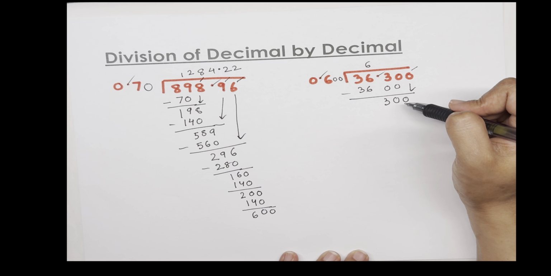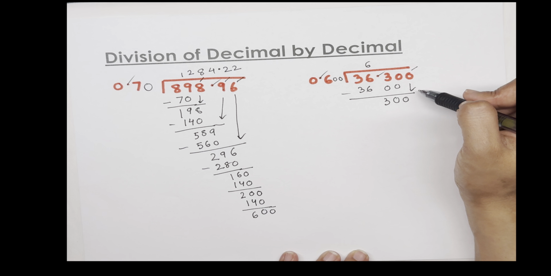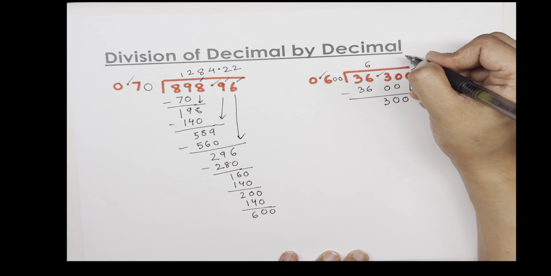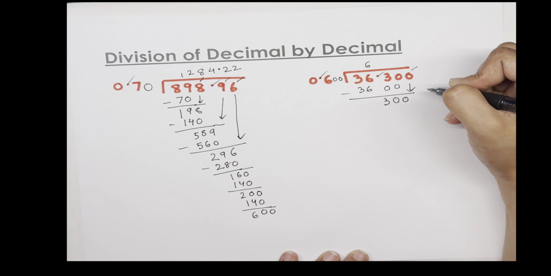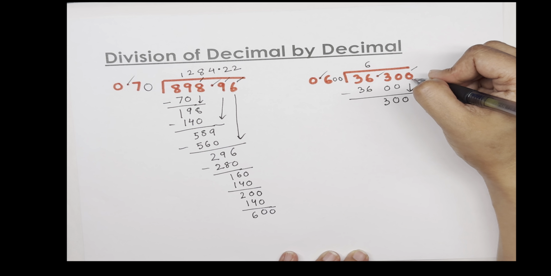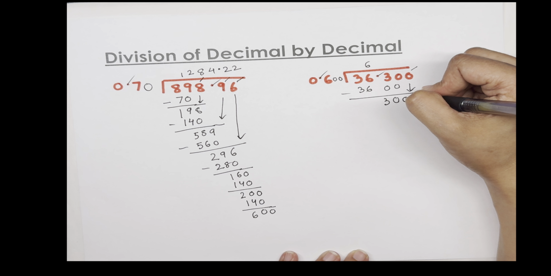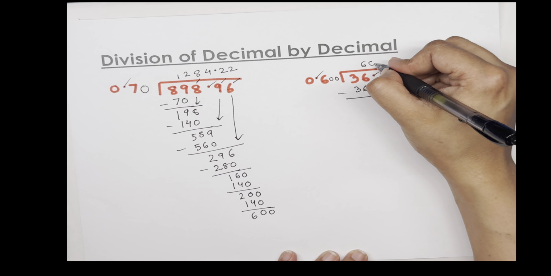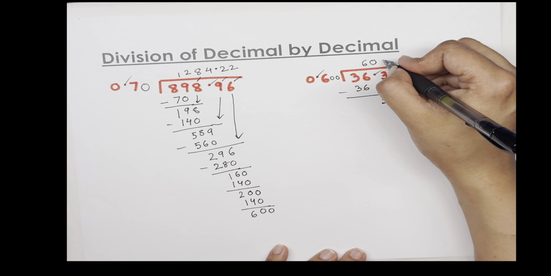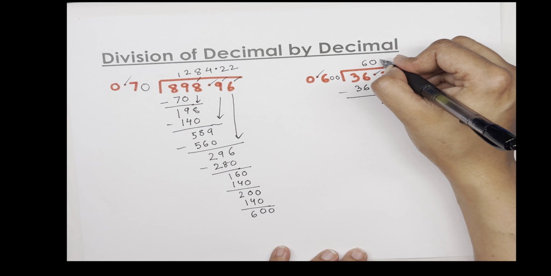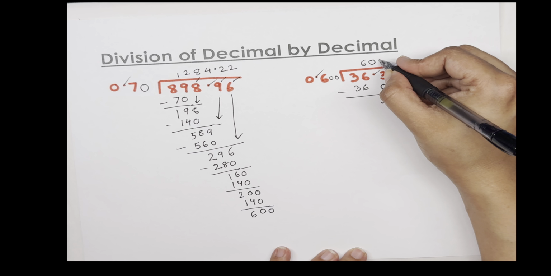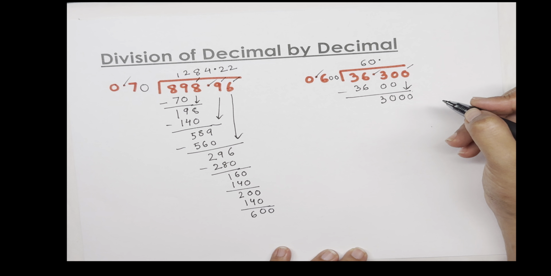But we have no more other digits to put down. As I said in my last video, if we put one digit down, the division should continue. If for any reason division cannot continue, we have to put a 0 here and borrow a 0 by putting a decimal. I put a decimal, now I can borrow a 0.